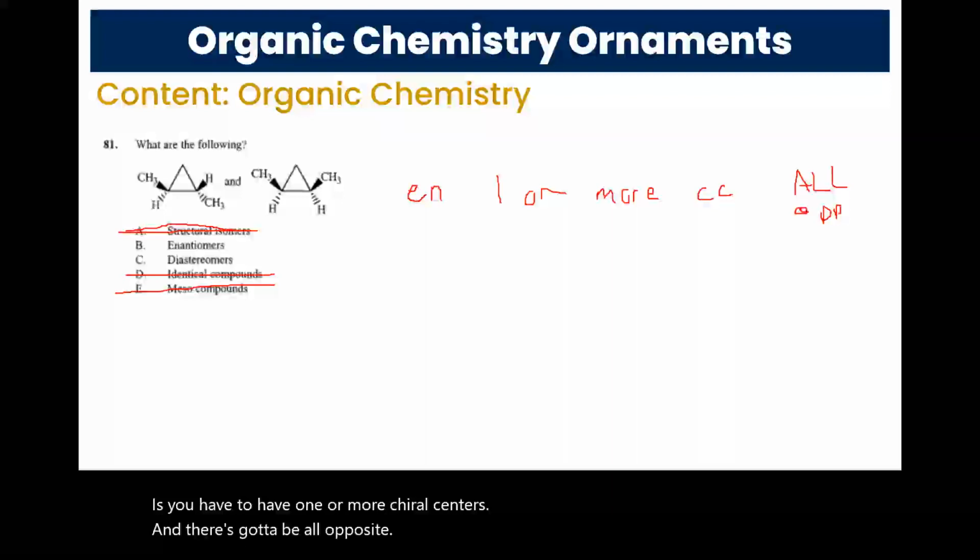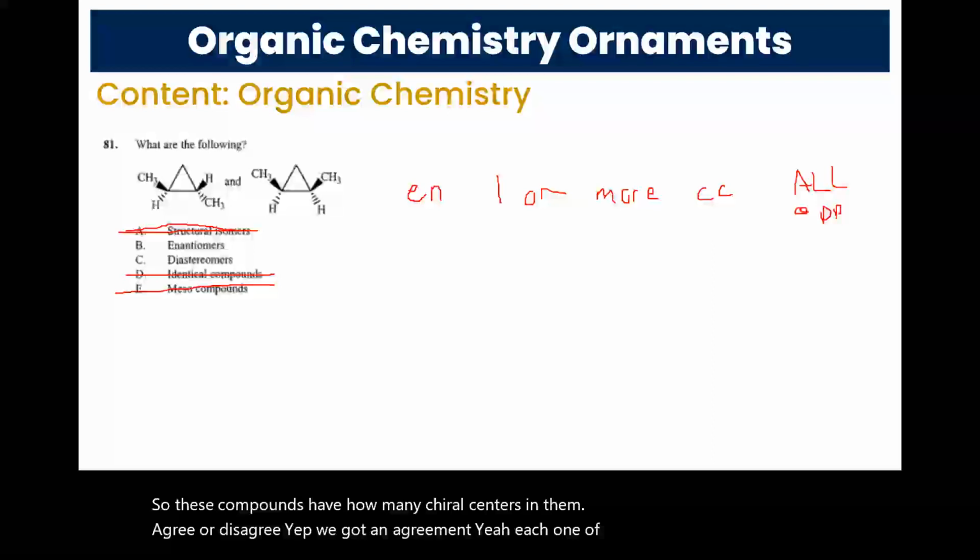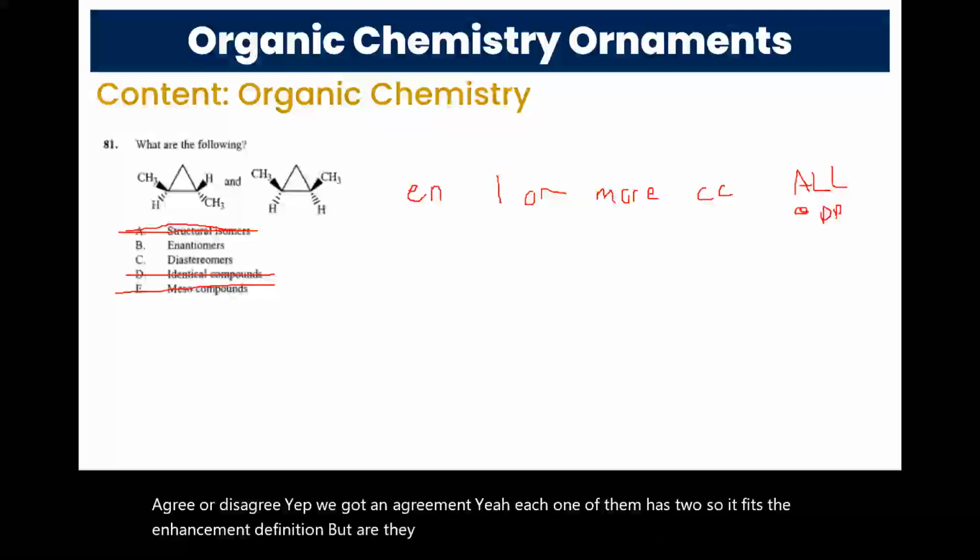So these compounds have how many chiral centers in them? Two. Agree or disagree? Yep, we got an agreement. Each one of them has two. So it fits the enantiomer definition, but are they all opposite? Is this first one on the left opposite?